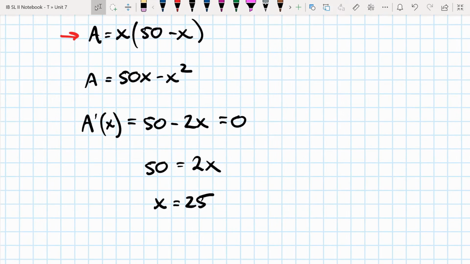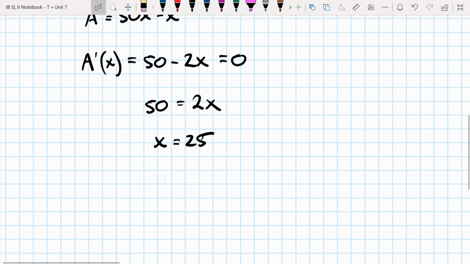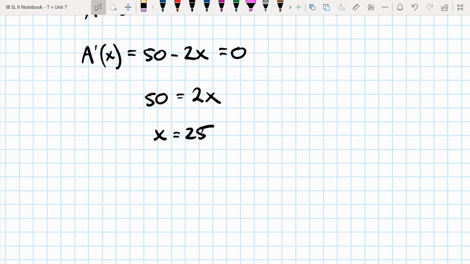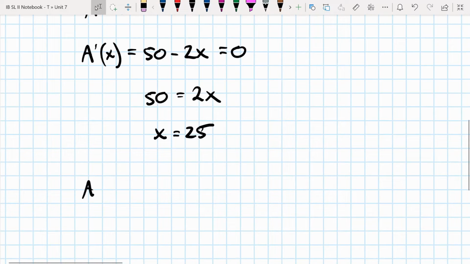But we want to make sure that we're maximizing the area, so we want to make sure that this critical point, x equals 25, is a relative maximum and not a relative minimum. There are a couple of different ways we can approach this. The easiest way in this case is to find the second derivative, which is negative 2.